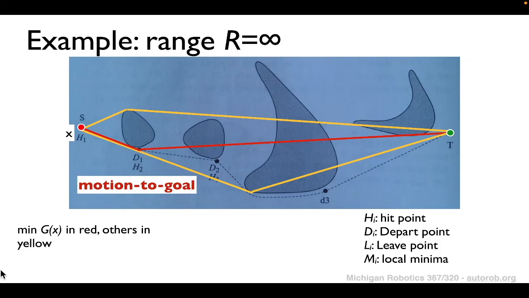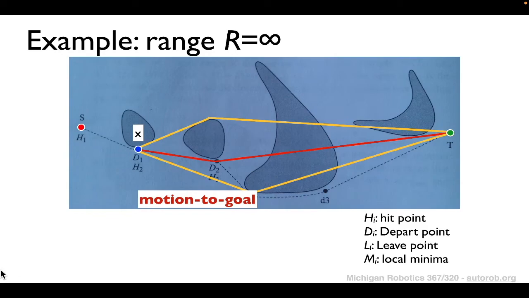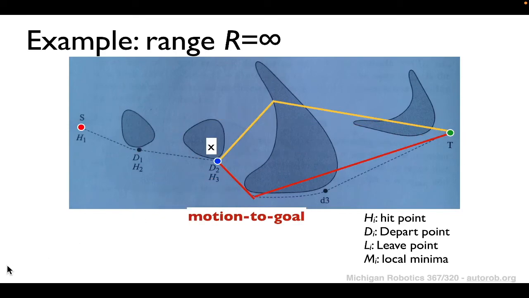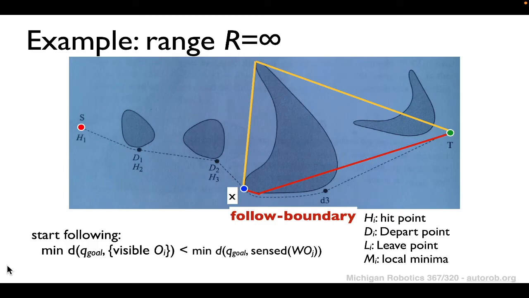So it'll move to hit point 2, and then it'll once again stay in the motion to goal phase because it hasn't observed the heuristic increasing. Once again, it's going to pick to move towards the obstacle extent which minimizes that heuristic, which in this case is represented by this hit point 3. So it's going to move to that point, and then once again perform a motion to goal, which ultimately brings it to this point here, where it is here at X.